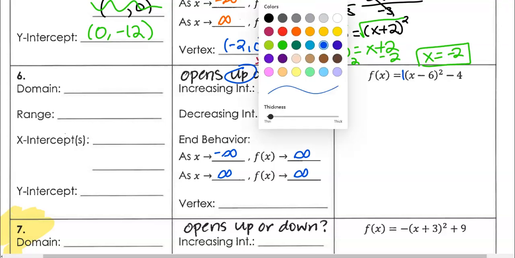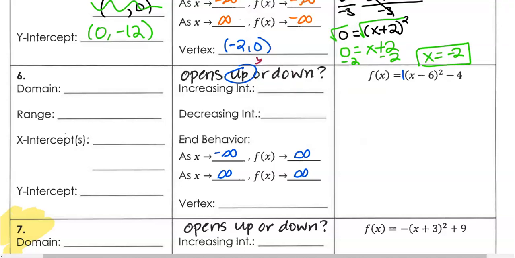Let's pull out my vertex. My vertex is (h, k). Remember, h is in parentheses, so I have to pull it out and change its sign. What is our h value? It's going to end up being a positive 6, right?